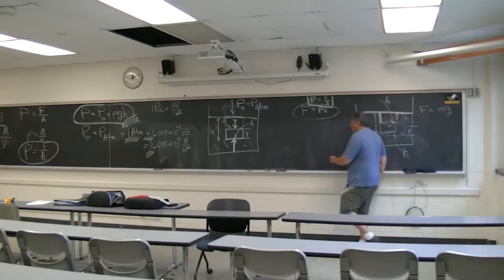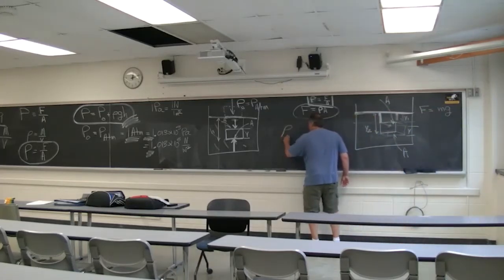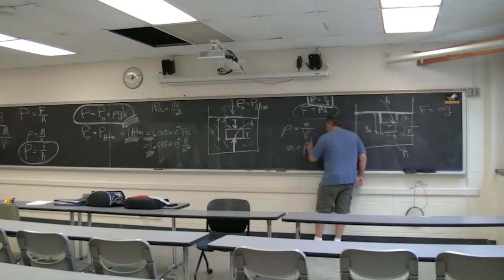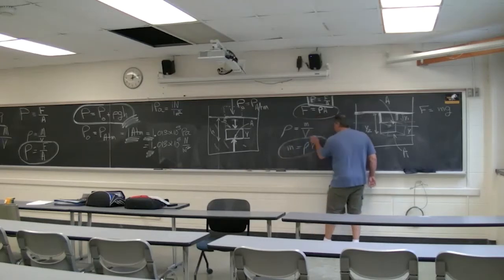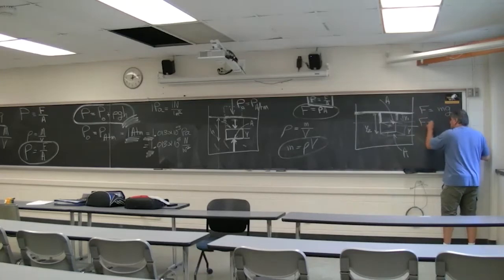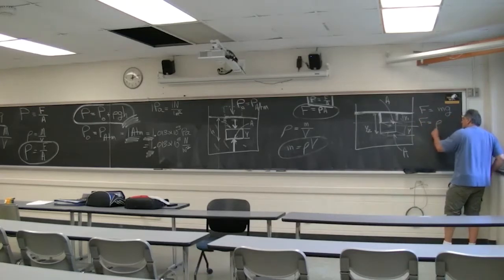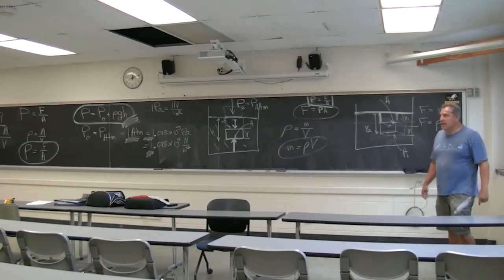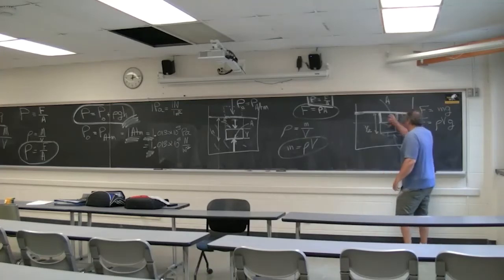I'm going to ask you a question. Isn't rho mass divided by volume? Isn't mass the volume of water above it times rho? That's the force above it. Why is this thing above it?